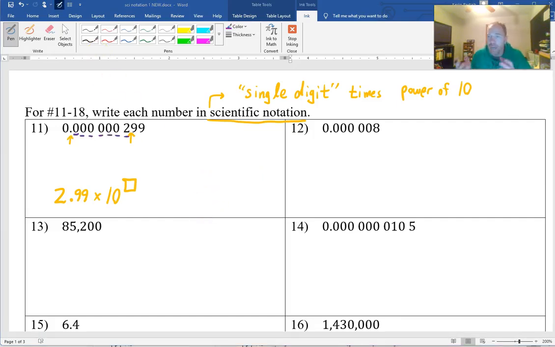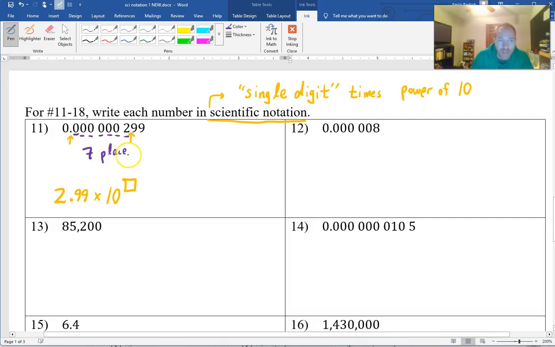Remember that scientific notation is about moving the decimal point. Between where it's starting here and where I want it to end, 2.99, I count 1, 2, 3, 4, 5, 6, 7. There's seven places that the decimal point has to move. So that tells me the exponent is either a 7 or a negative 7. And that's the next thing to figure out.